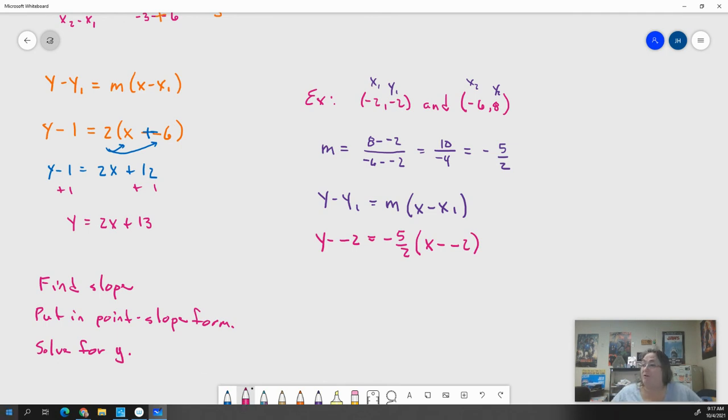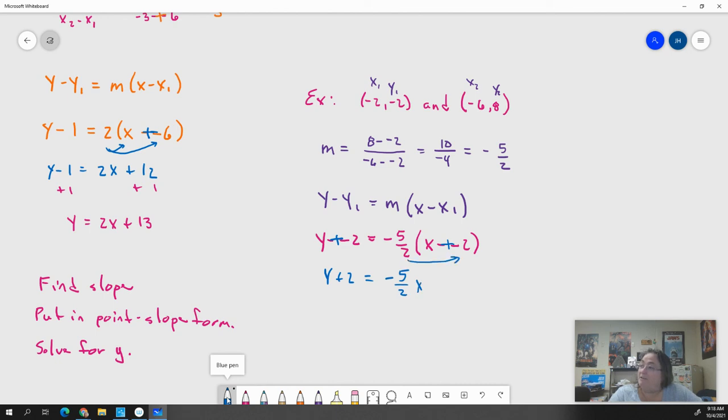Now we just have to solve everything for y. We've got to go through the process. So this becomes y plus 2, right? So I'm just going to rewrite it for right now as y plus 2 because we need to deal with this distribution over here first. But this is also a plus. Minus 5 halves times x is just minus 5 halves x.